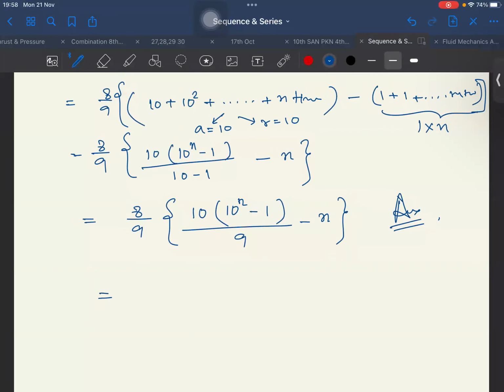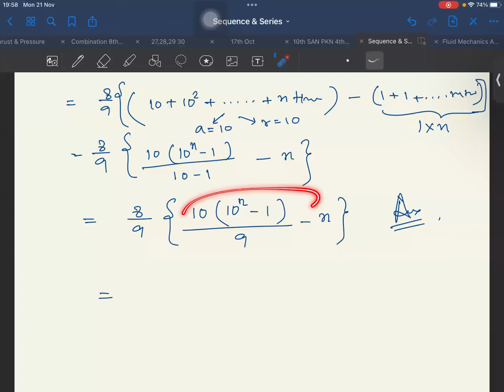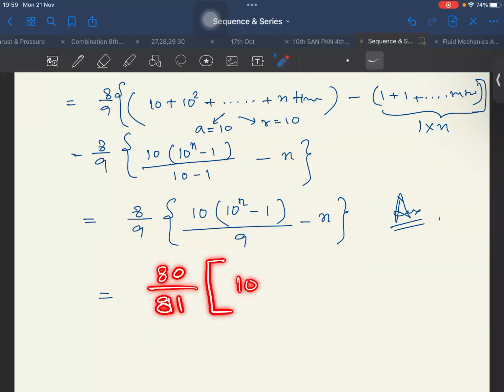You can take a 9 as common, this LCM here in this term. Okay, so what you can write, 10 to the power n minus 1 whole divided by 9, and this will be 9n. So this you can write 8 upon 9, whole multiplied by 10 to the power of n minus 1, right?